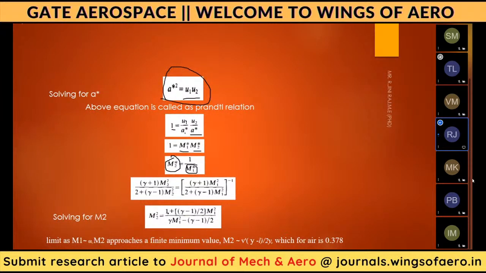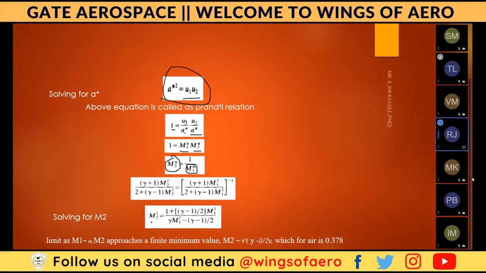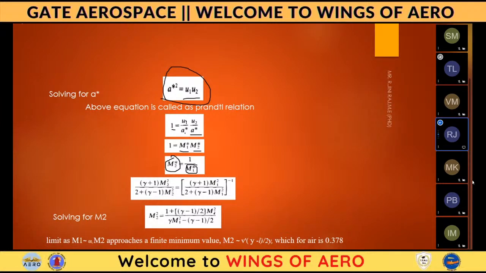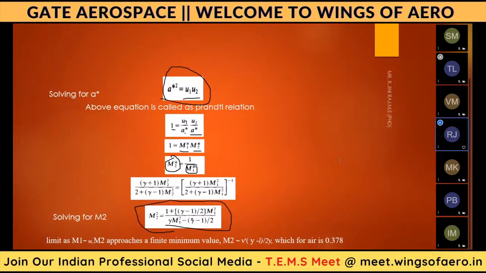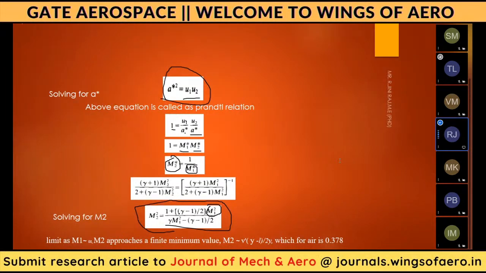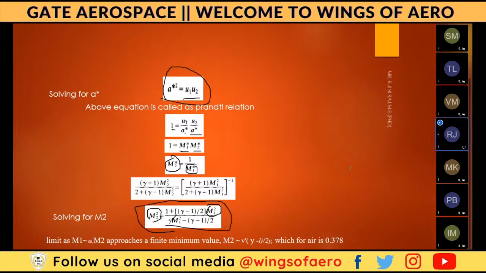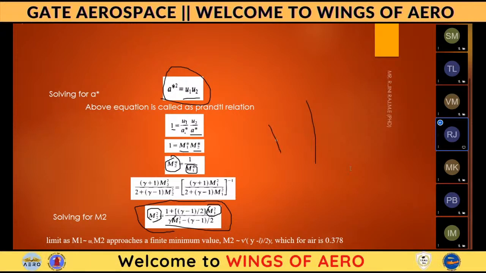So therefore, by solving it, we can get m2 square equal to 1 plus gamma minus 1 divided by 2 into m1 square divided by gamma m1 square minus gamma minus 1 divided by 2. So from this equation, if we know the value of m1 square, the Mach number before the shock, that is upstream of the shock, we can find the Mach number downstream of the shock. Consider this is a shock.